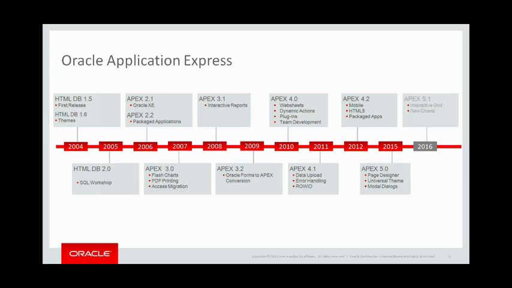Okay, some sort of history. Apex was introduced with the 10G database back in 2004. And this was the very first version, HTMLDB 1.5. So the name of Apex was formerly HTMLDB. And even then, HTMLDB was a component which was already 5 years old.